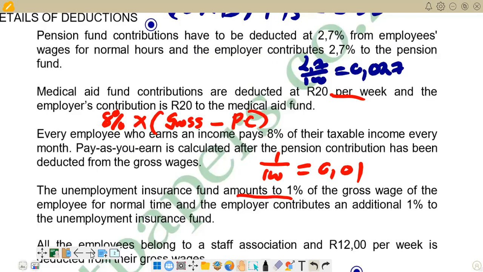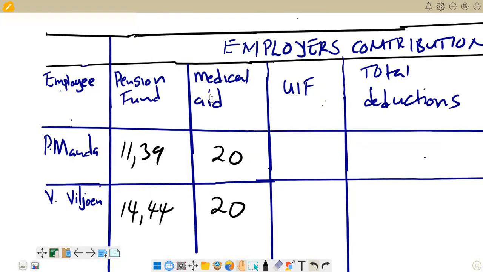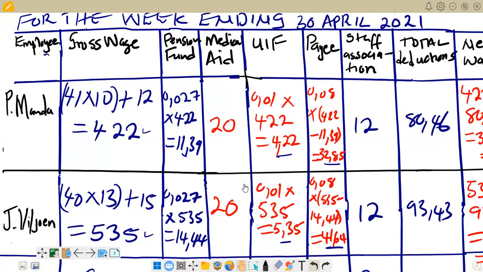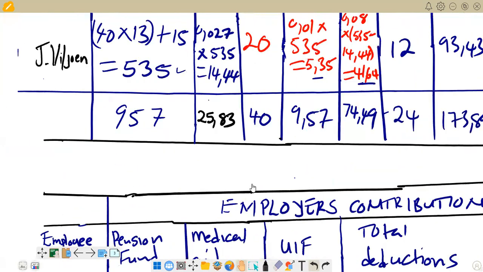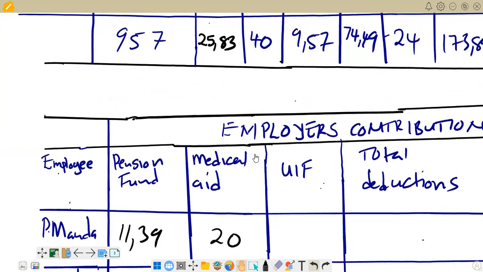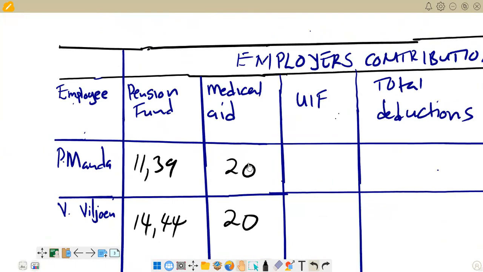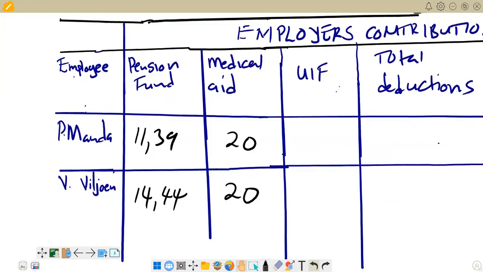We go back and see that for UIF, we put 4.22 for PMAND and 5.35 for JV Join. So the same amount is going to apply here. We just put those figures here: 4.22, and for JV Join, 5.35.